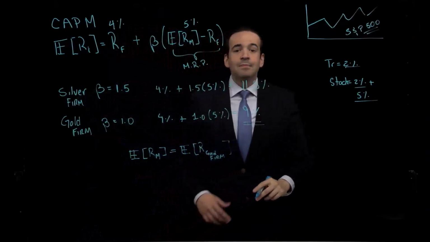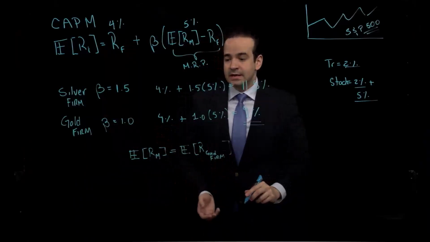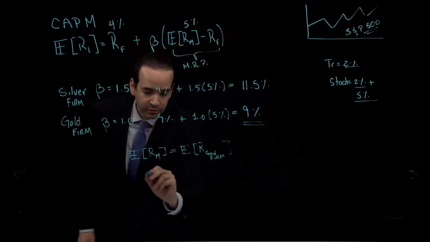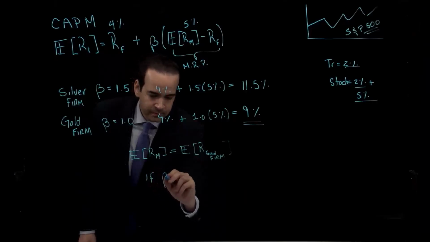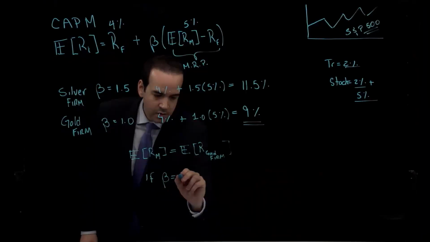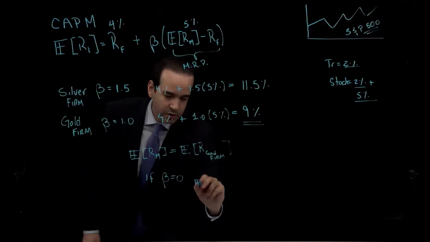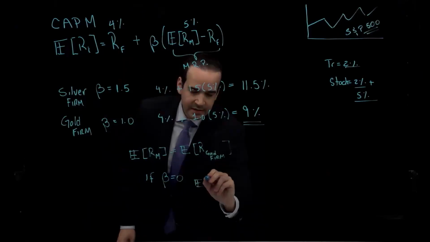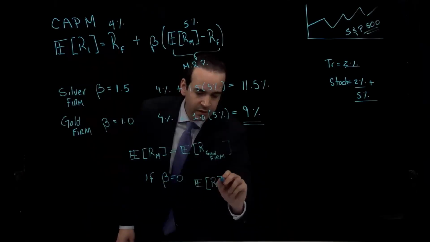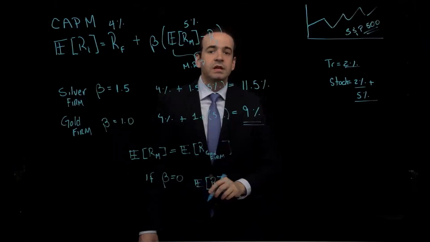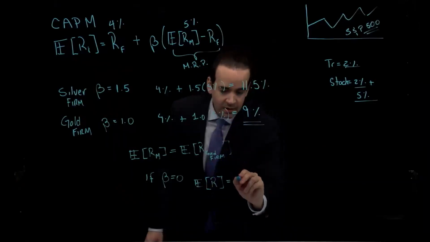Okay. In the hypothetical case that there is a security with a beta equals 0, then the expected return of this particular security will simply be the riskless rate. Why?